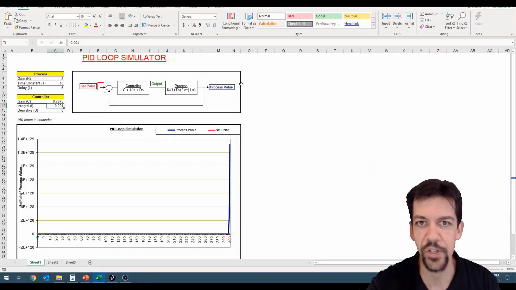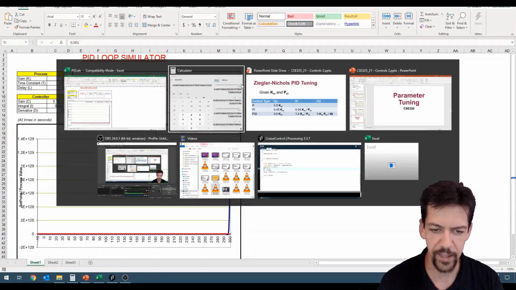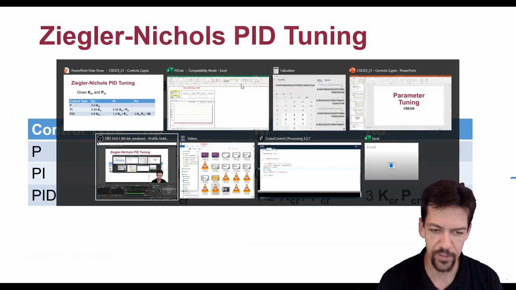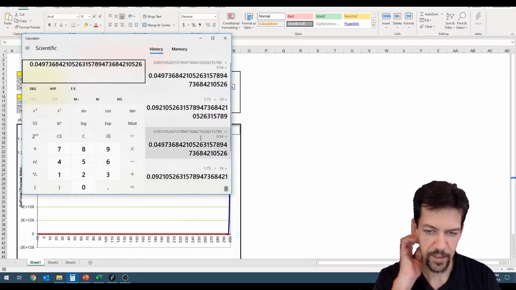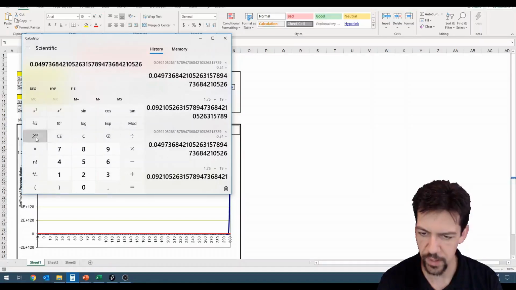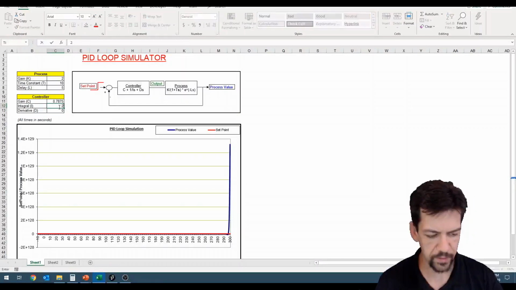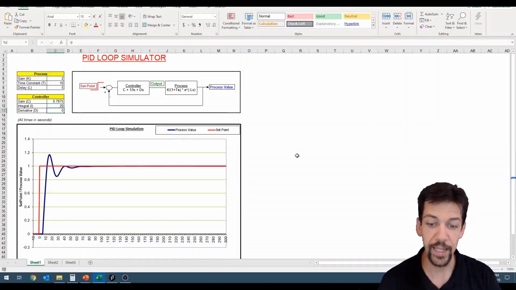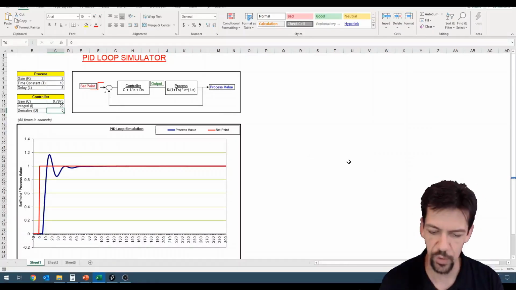In this particular version of the simulator, the integral constant is inverted. So I need to take the reciprocal of this value, which is about 20. Okay, so we put 20 in there, and that gives us a good proportional integral controller.